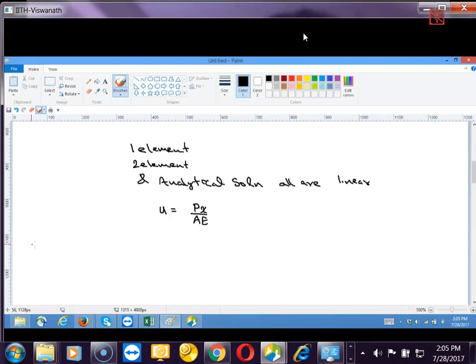However, in the second case, if there is a case where it is d by dx of e of x, e of x du by dx plus p of x, if this form is there, an analytical solution is not guaranteed.